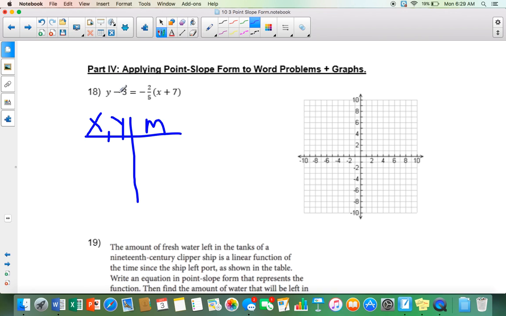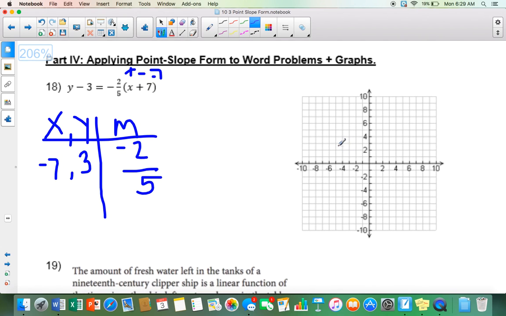So we see it's y minus y1, so it directly was placed into my equation. So I know my y is a positive 3. Now my x here was not just placed into the equation because it was changed to a positive, which means my x must have been negative 7. And my slope here is negative 2/5.